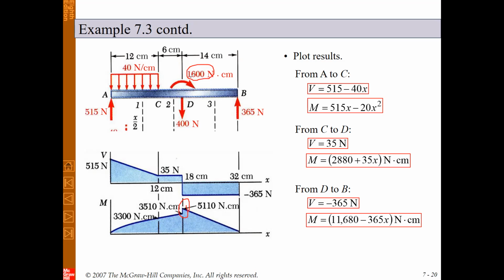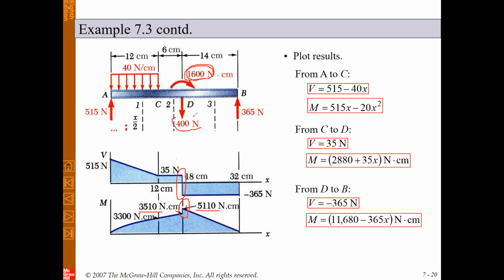And here this jump is equal to 1,600 Newton meter. I mean, if you find the difference between 5,110 and 3,510, you can see that we will have a 1,600 jump. And also we have the same scenario for the shear force diagram. The shear force diagram must be continuous except at points where we have a concentrated transverse force.